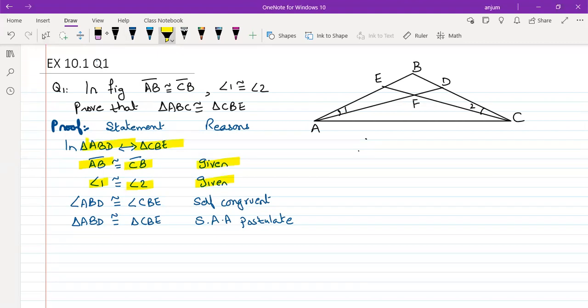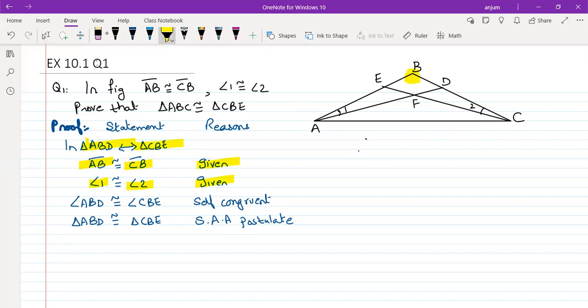And we can see that in this diagram, angle ABD, which is this angle, and angle CBE, which is again the same angle, this one. So these two angles are definitely angle B. We're talking about the same angle.